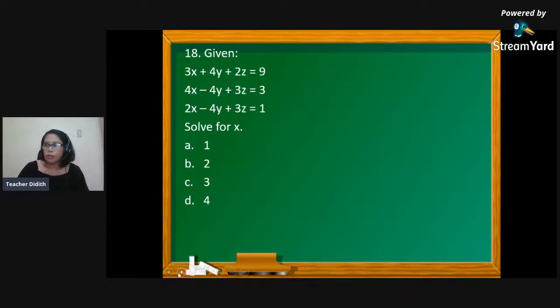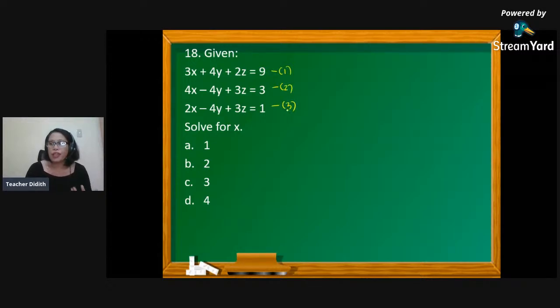Okay? So again, we will assign each equation as equation 1, 2, 3. And then we will select 2 pairs of equations and we will do the elimination process and we'll come up with equation 4 and 5.